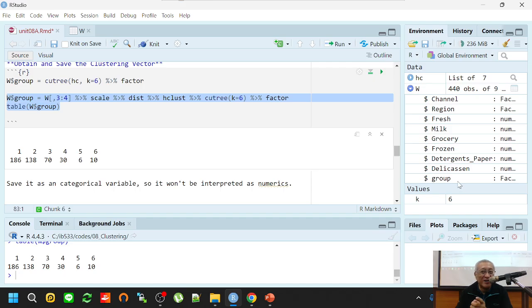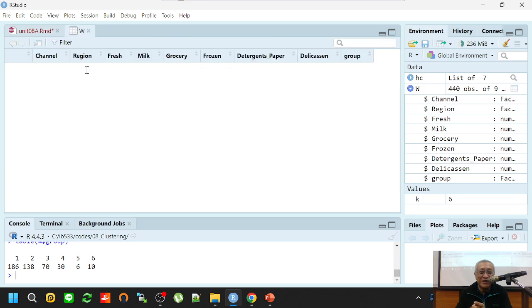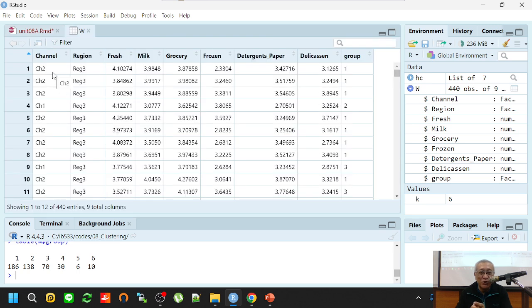You will have a column in your data frame telling you which retailer belongs to which group. So doing it is easy, actually. I just want to let you know the logic behind the clustering. Okay? Any problem so far?